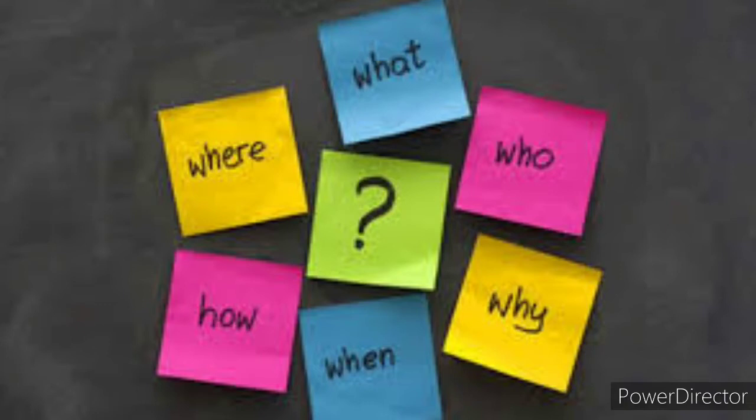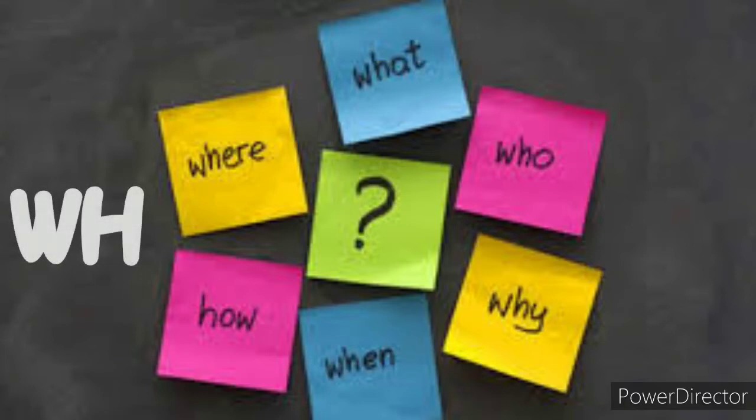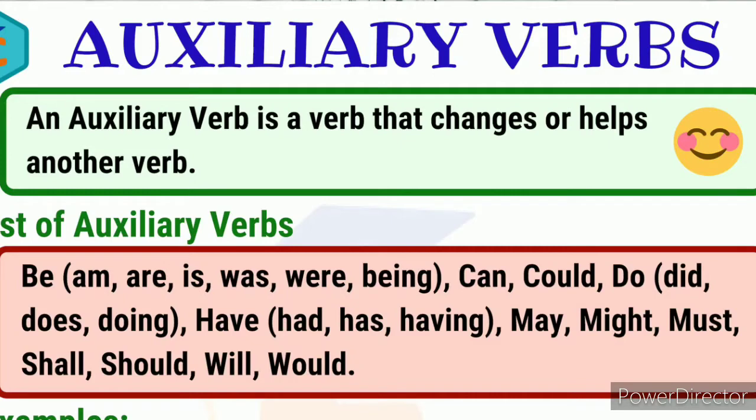Because if you notice, all of them have a WH at the beginning, or in the middle of the word, for example, how, it would be H-O-W. Then we go with our auxiliaries, which could be the verb to be, do, does, did, etc.